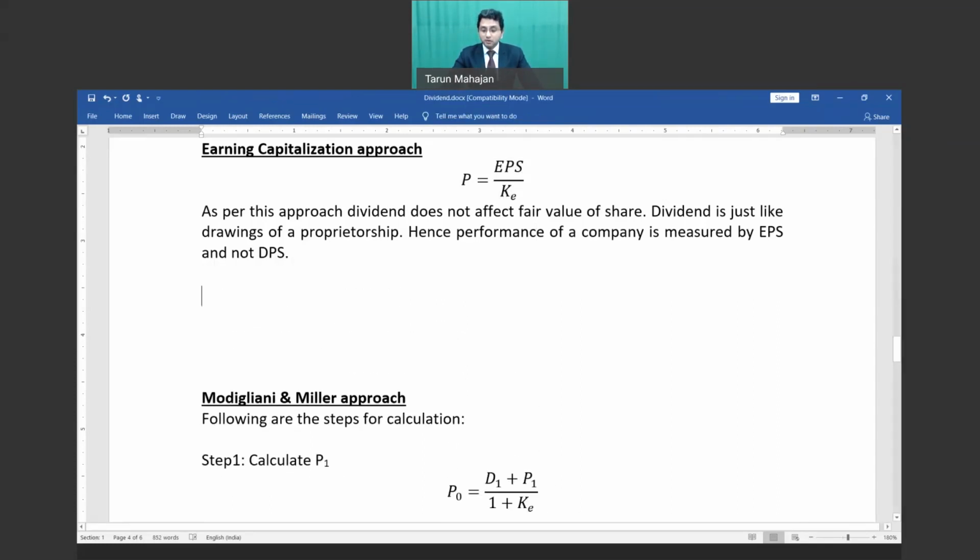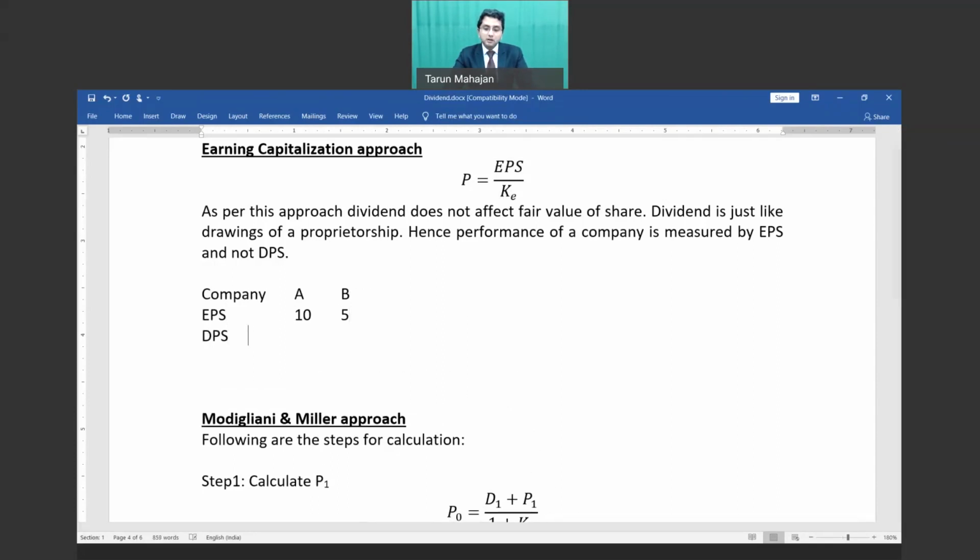Earning is more important. Say there are two companies, company A and company B. Company A has EPS of 10 rupees, while B has EPS of just 5 rupees. Company A decides to give dividend of 2 rupees and company B decides to give dividend of 4 rupees.